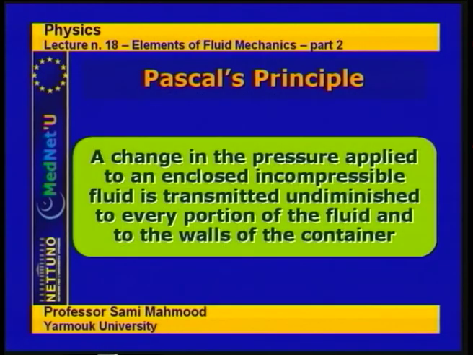However, it was not until 1652 that Pascal stated this result in his famous principle, which reads: a change in the pressure applied to an enclosed incompressible fluid is transmitted undiminished to every portion of the fluid and to the walls of the container.